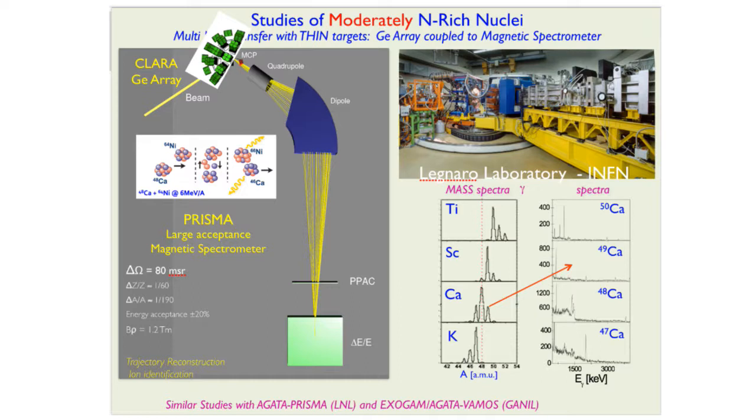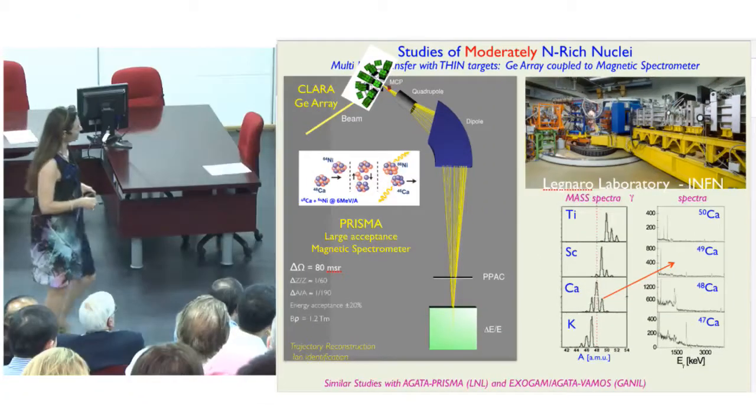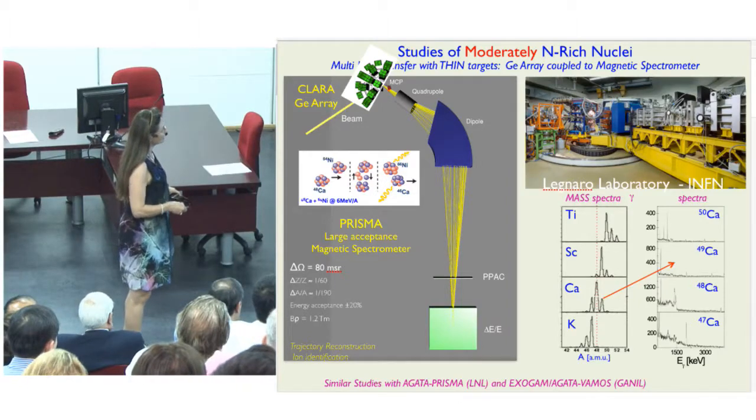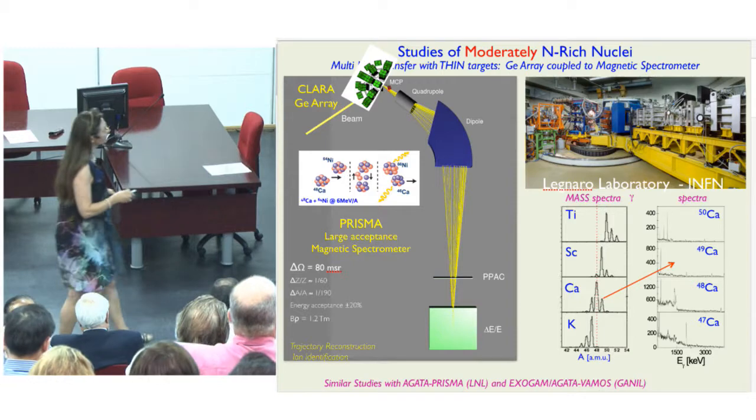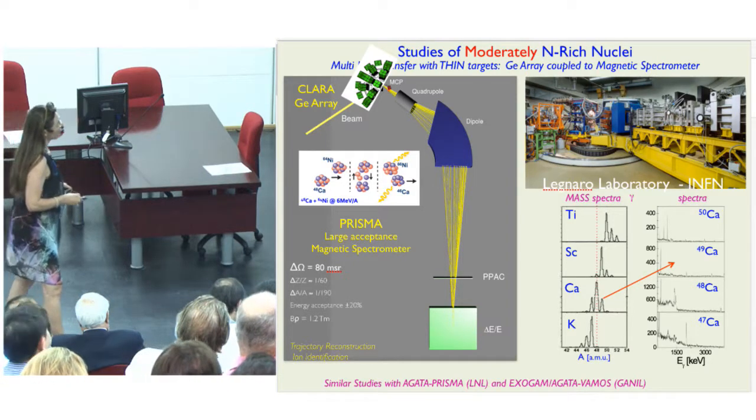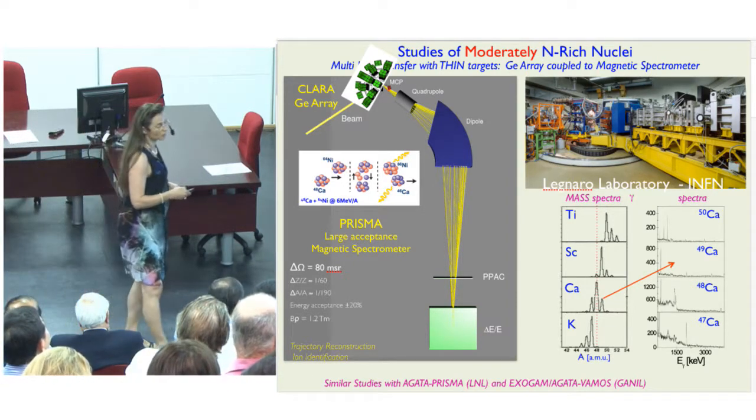At that time, the spectrometer was coupled to a large germanium array, CLARA, and this is ideal when one wants to study multinucleon transfer processes, binary processes, in which a large number of reaction products are populated at the same time, so they can be very well identified in the spectrometer, and for each of these reaction products, thanks to the coincidence with the CLARA germanium array, one can do gamma spectroscopy.